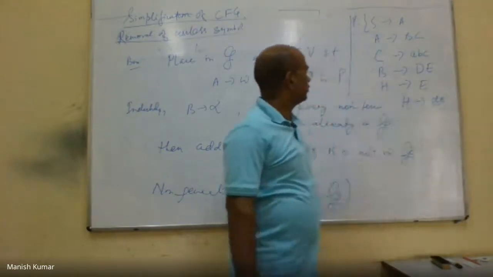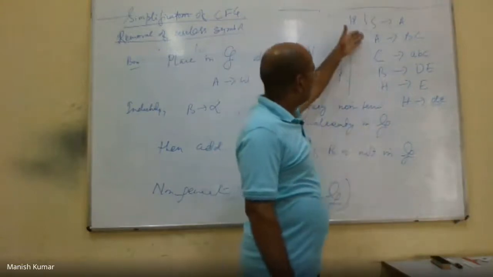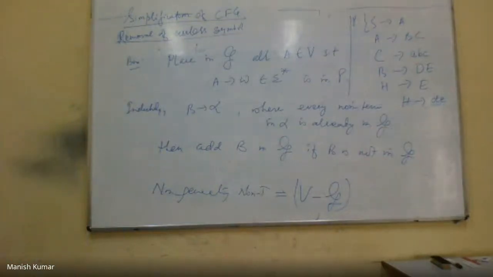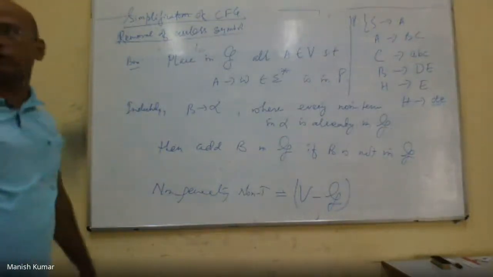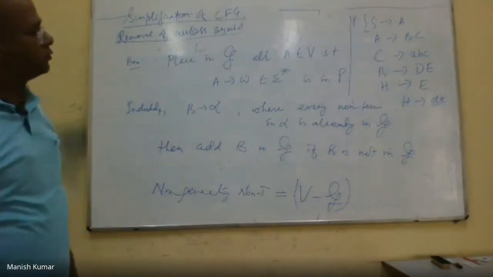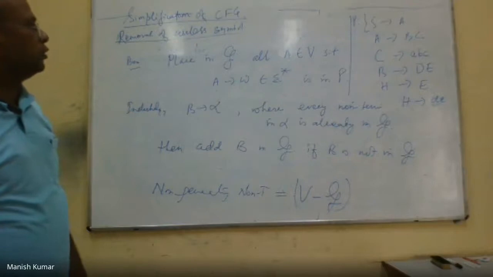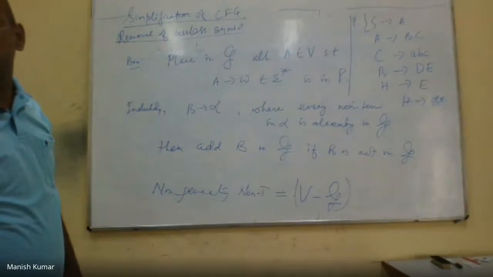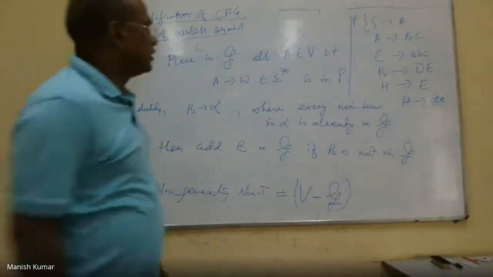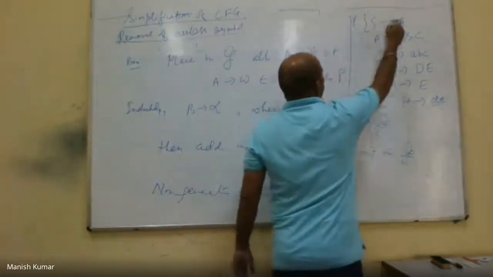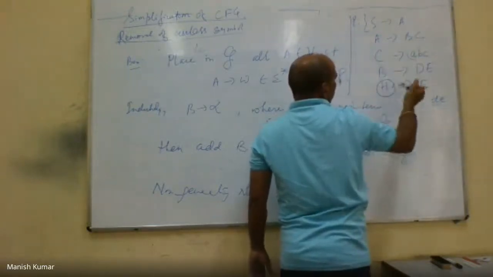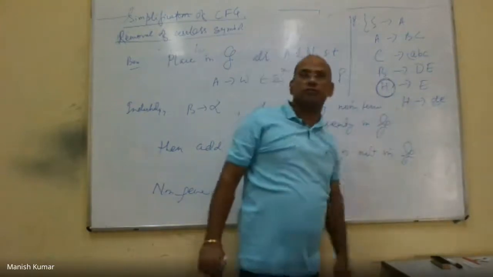Then when you look at whether all the symbols involved in these production rules are generating or non-generating, can you identify whether there are any non-generating symbols here? Yeah, clearly it says H, because S can go to A, A can go to B, C, this can be reached through C, this can be reached through B, but the problem is that H cannot be reached by any means.